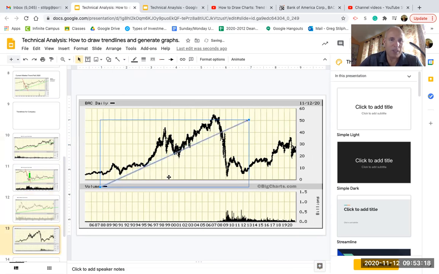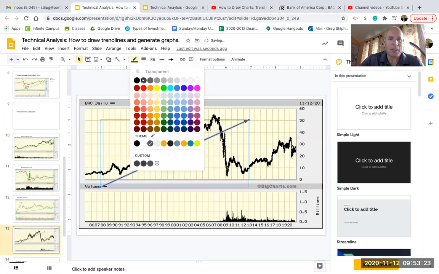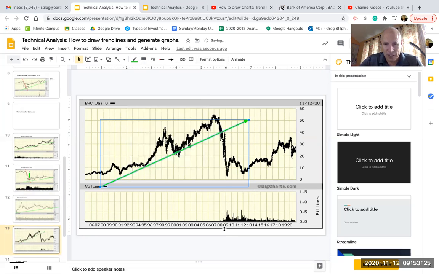I'll ignore that because it's already happened. This was an uptrend for Bank of America. So that was great. And then in 2009, we had the financial crisis. Lo and behold, we have a violation. So we have a new trend, a new trend, a new trend. I need a line.